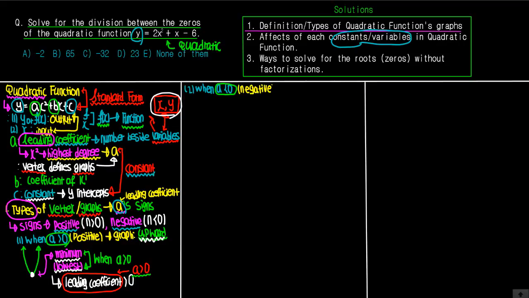So when our a value is a negative value, the graph of our quadratic function will open, or we can say it goes upward. Well, it's not upward, it should be downward.